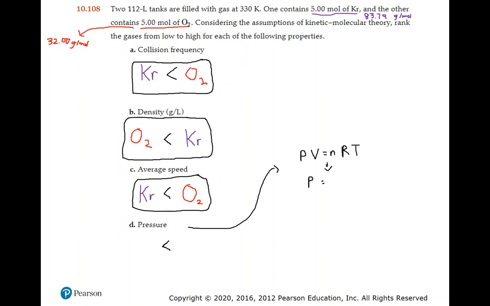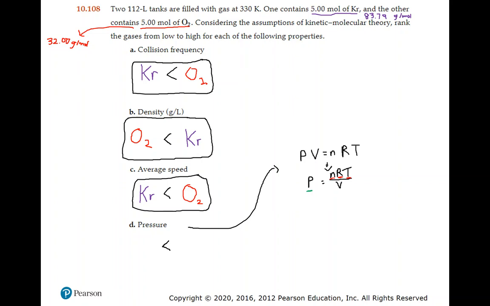So that's going to be P = nRT divided by the volume. And what's interesting about this equation is if we are looking at pressure, that depends on the number of moles, n. That's constant between both gases. R is always a constant. It's always 0.08206 liter atmospheres per mole Kelvin. The temperature is the same in both cases.